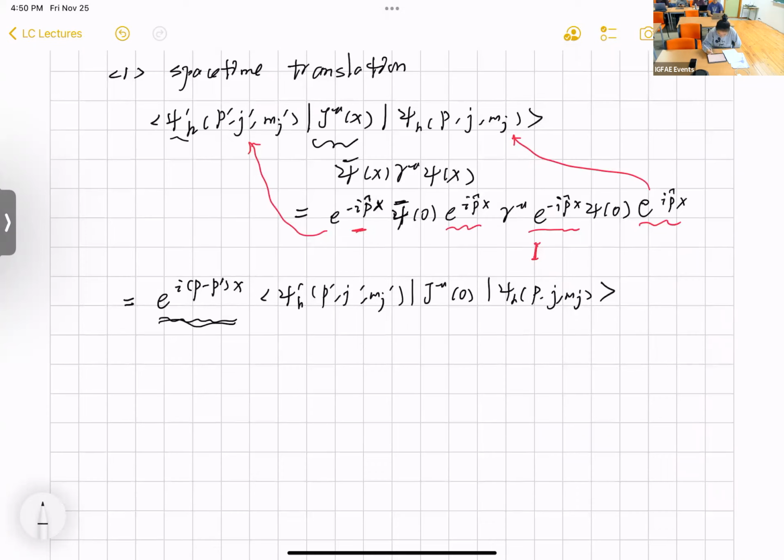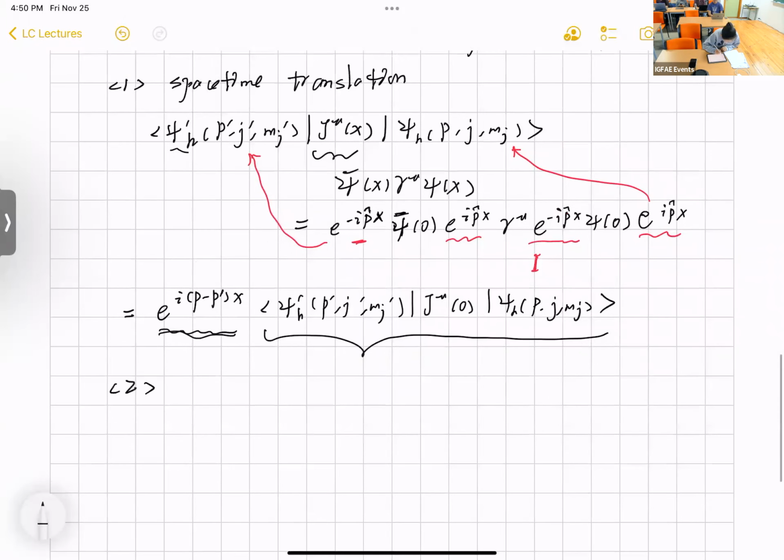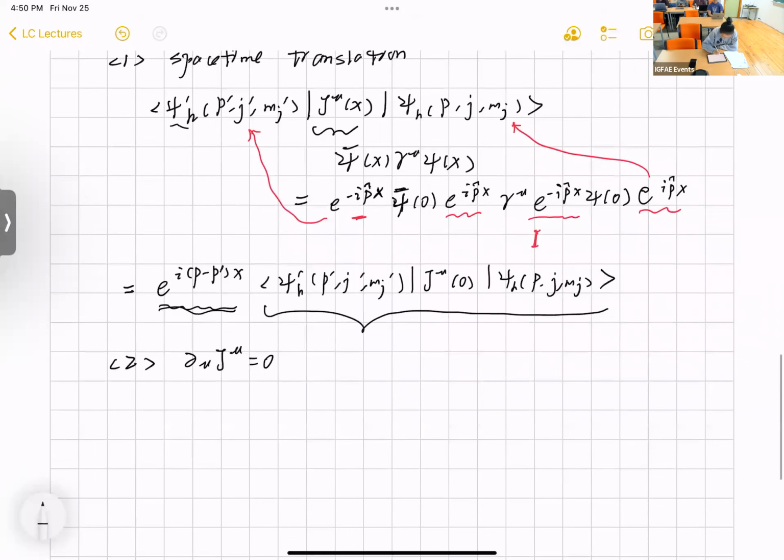As you can also see, in the study of form factors, we only need to look at this J^μ(0), okay? We'll look at this in the following. So this is the first property. The second one is the current conservation. What is current conservation? It can be written simply as ∂_μ J^μ = 0. And what ∂_μ does is that it will bring down the P^μ.